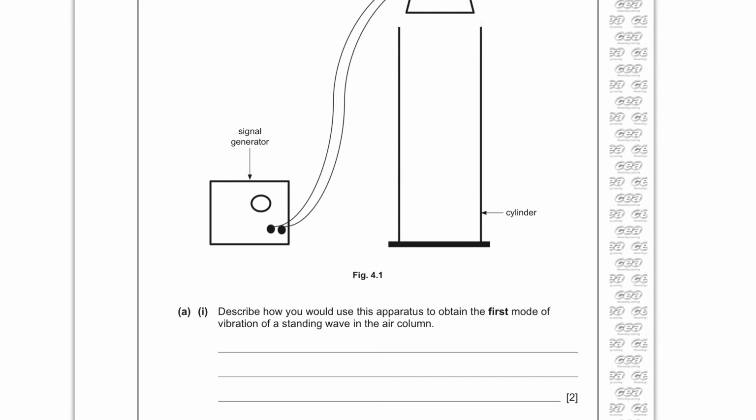Okay, so if you're trying to find the first mode, you have to start with the signal generator set to its lowest frequency. And then you slowly increase that until you hear a resonant loud sound.